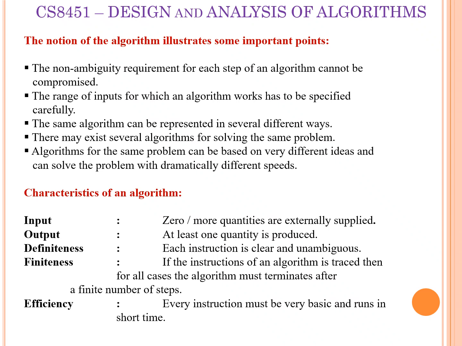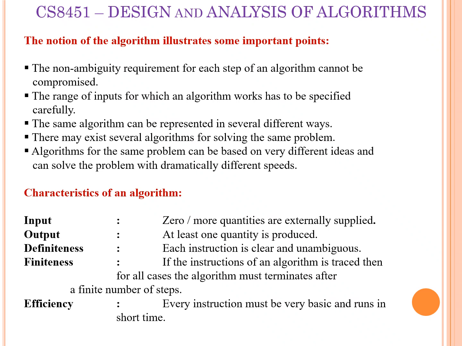The same algorithm can be represented in several different ways depending on the users, and there may exist several algorithms for solving the same problem. Different people will have different logic or different perspectives of approaching and solving the problem. And algorithms for the same problem can be based on different ideas.